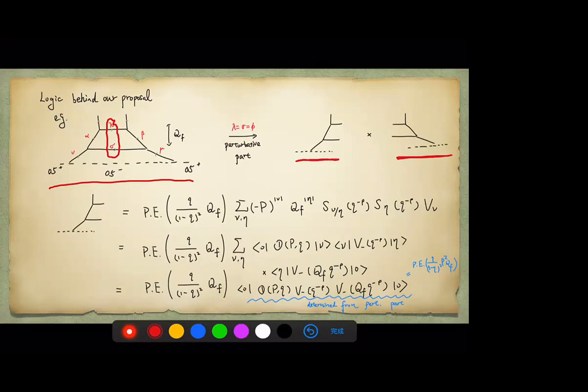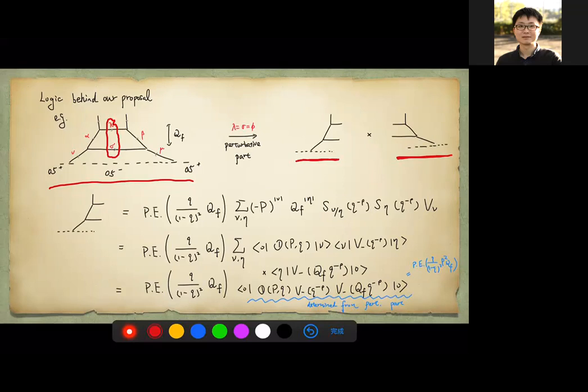And of course we know the answer of the SO(4), for example SO(4) or even SO(2N) gauge theory, the one loop part of the calculation. So we can just substitute the vertex operator form of the topological vertex in the calculation, and it looks like this.